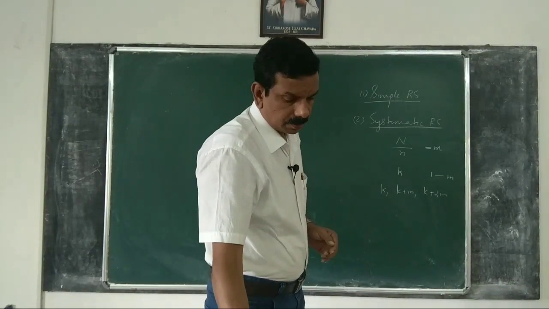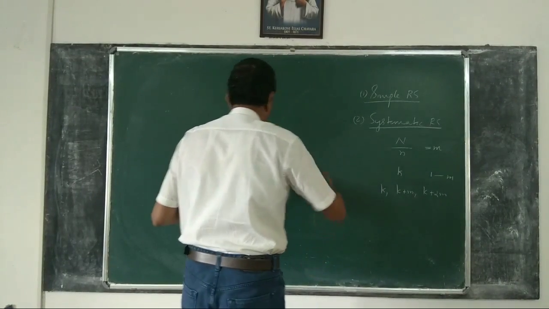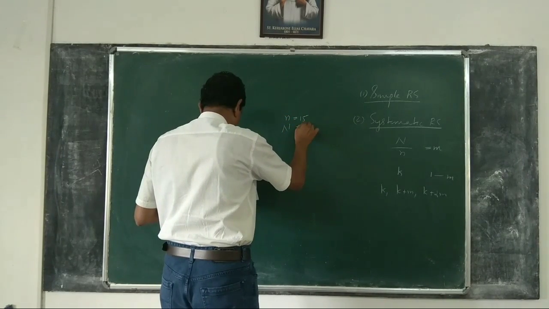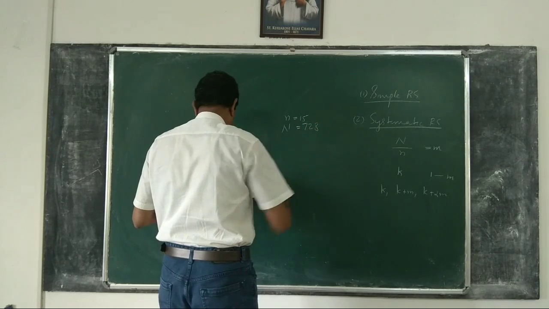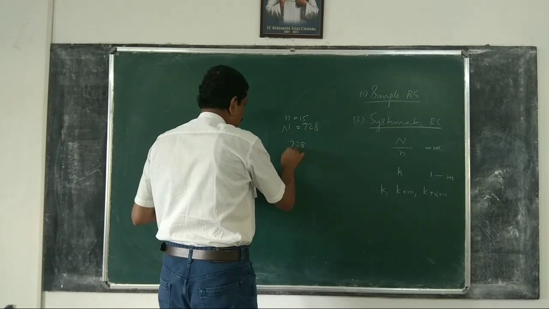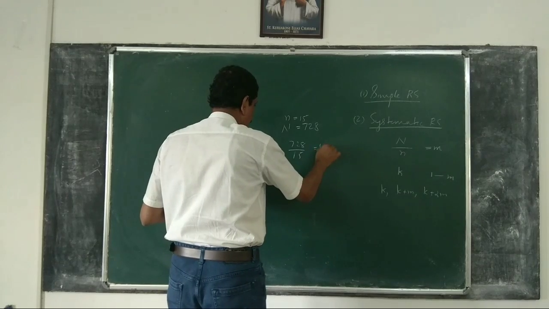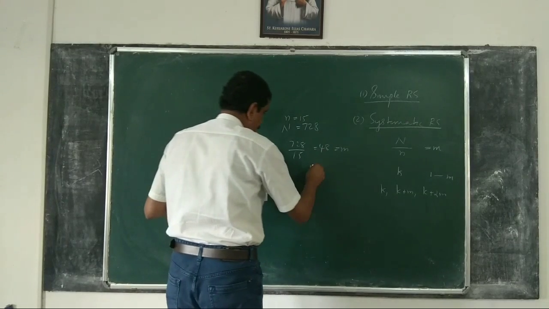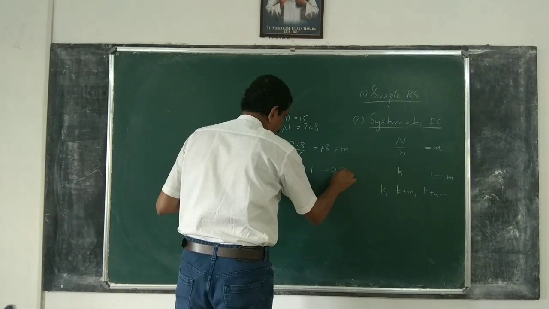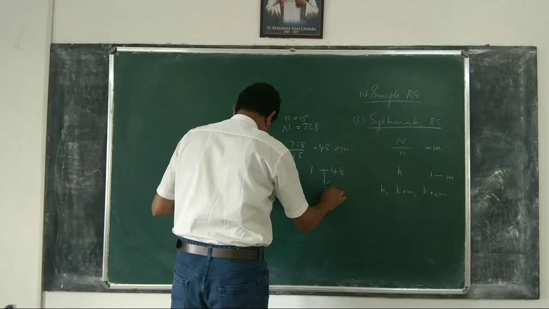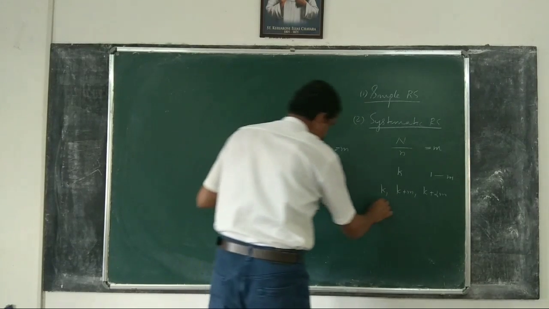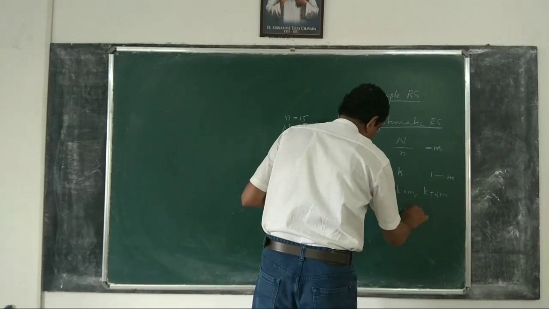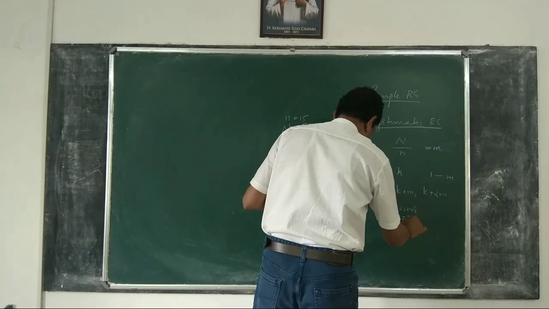Let us see an example. Suppose that we require a sample of 15 from a population of, for example, 720. Then 720 divided by 15 is equal to 48. 48 is m. Then obtain a number between 1 and 48. Let this number be 22. So the first sample unit is 22. The second is 22 plus 48, equal to 70.